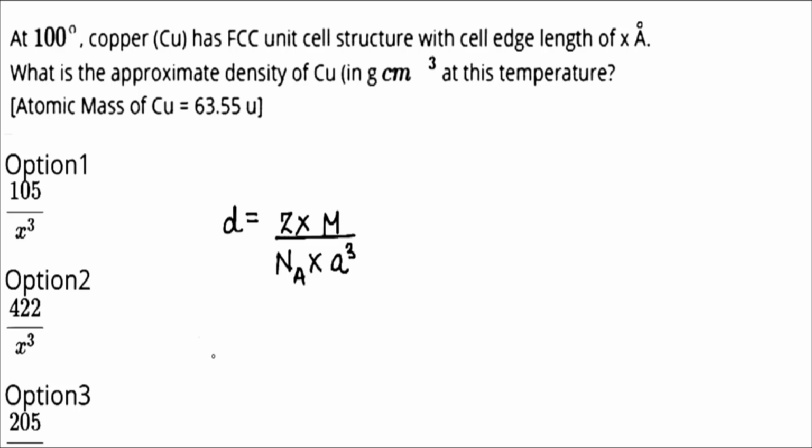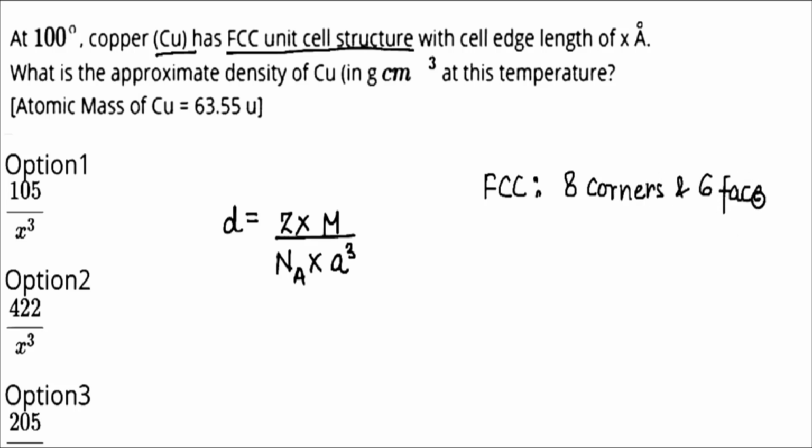And a is the edge length. So for calculating the value of Z, we know that copper has FCC unit cell structure. So for FCC, the atoms are present at 8 corners and 6 face centers of the cube.